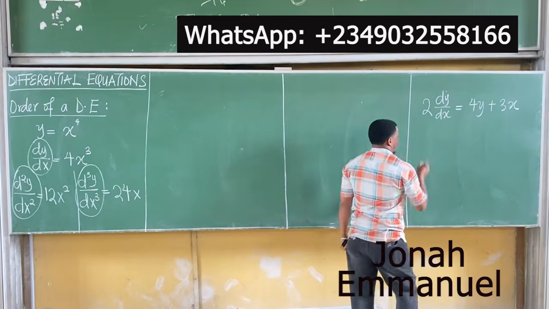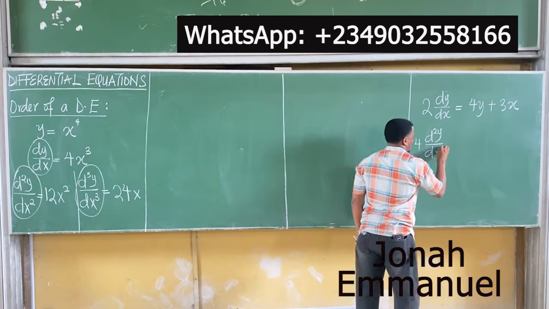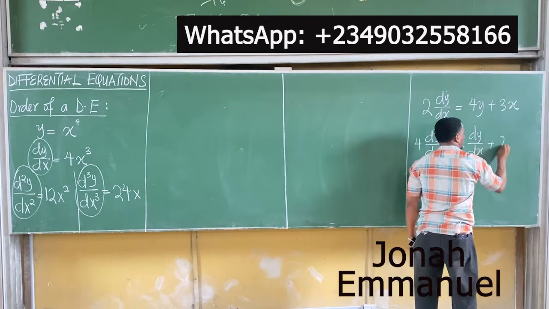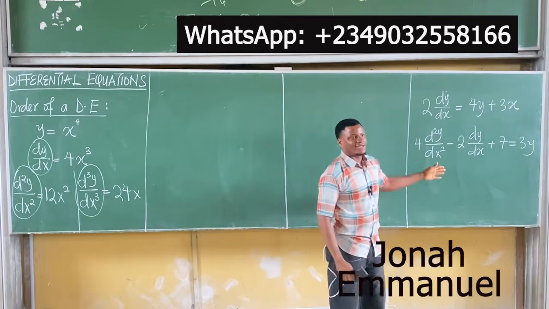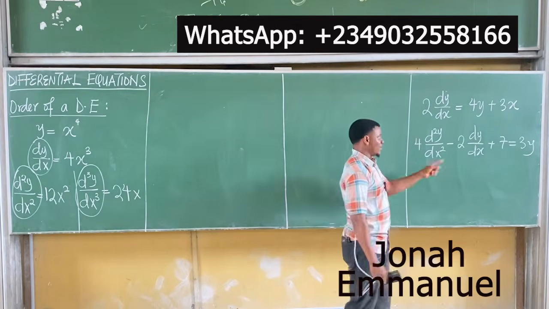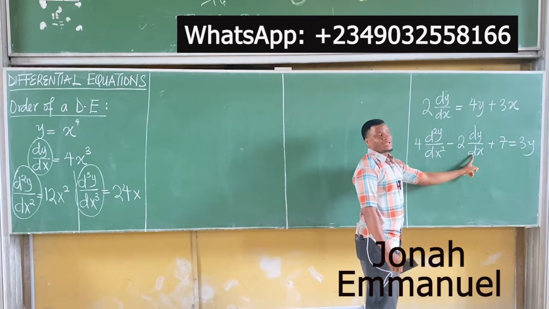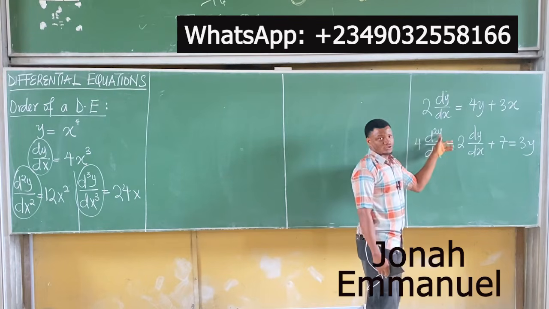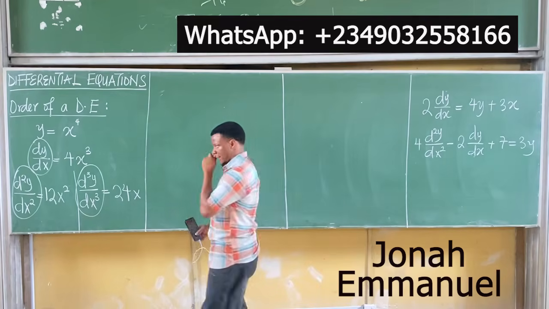If I give you something that looks like 4 d²y/dx² minus 2 dy/dx plus 7 is equal to 3y, what I have here is a second order differential equation, because the highest differential coefficient is 2. You could have more than one differential coefficient, yes, but the highest is 2.